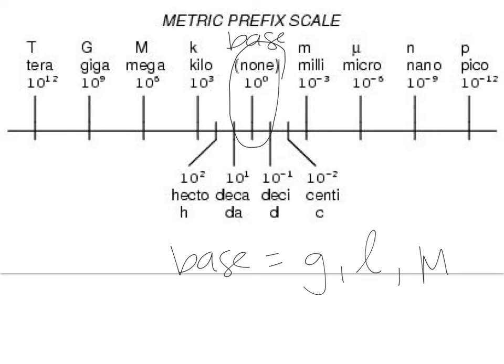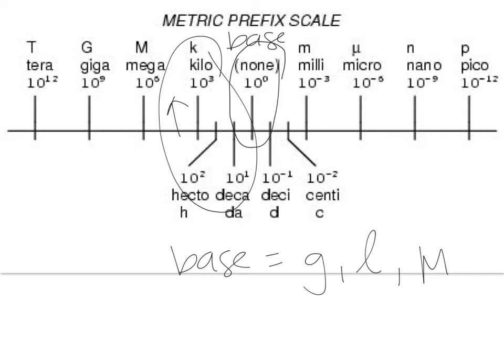So deca, hecto, kilo, those are all three going to be larger than the base. So there is going to be 1,000 meters in 1 kilometer. Okay, there are 10 meters in 1 decameter, sorry. So I want you to think about it in that way. If it's larger than the base, how many bases are in that thing?